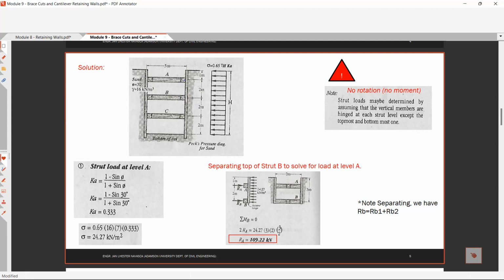This is our topmost strut and this is our bottommost strut. Basically this is our hinge. We are assuming that there is no rotation and no moment at point B.